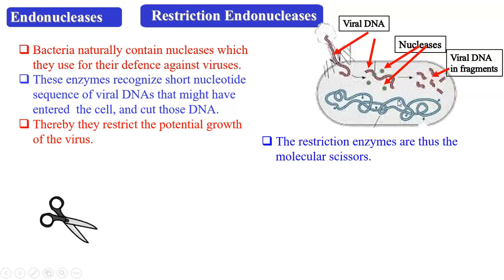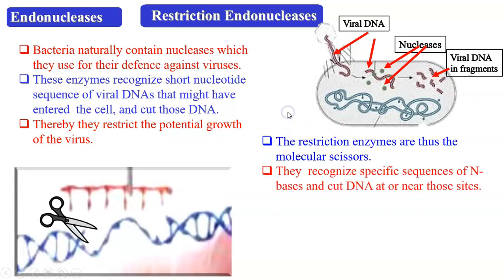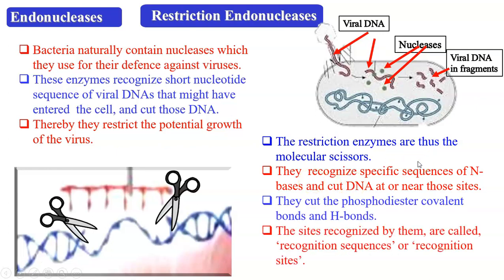The restriction enzymes are thus molecular scissors because they recognize a specific sequence of nitrogen bases and cut the DNA at or near those recognition sequences. They cut the phosphodiester covalent bond and hydrogen bonds, and the sites which they recognize are called recognition sequences or recognition sites.